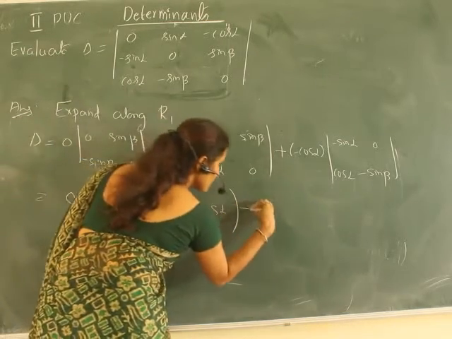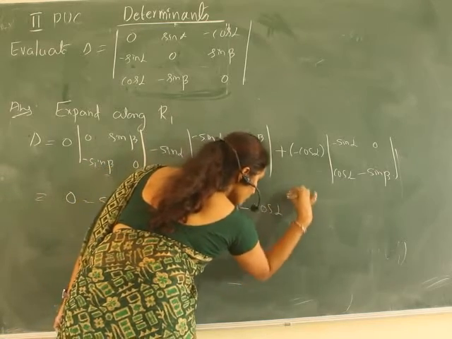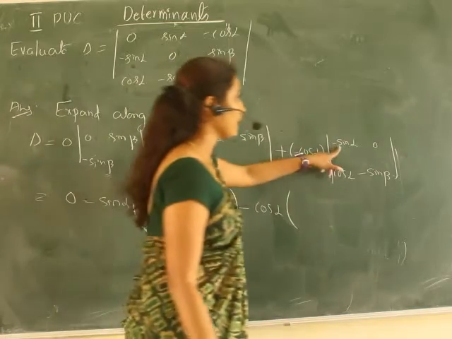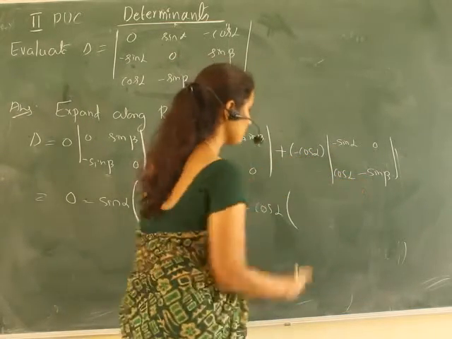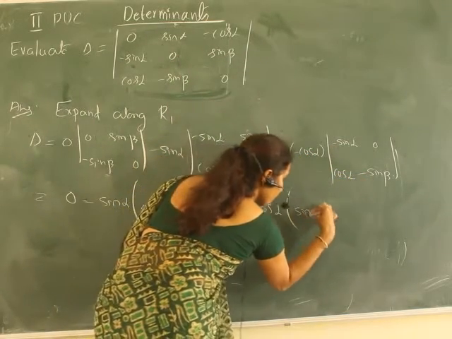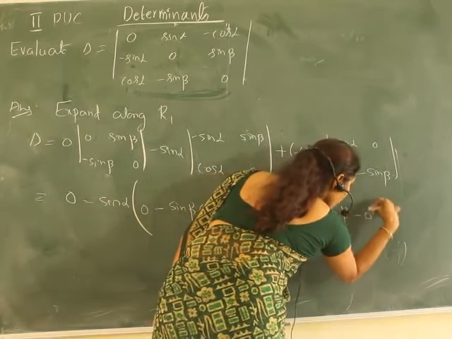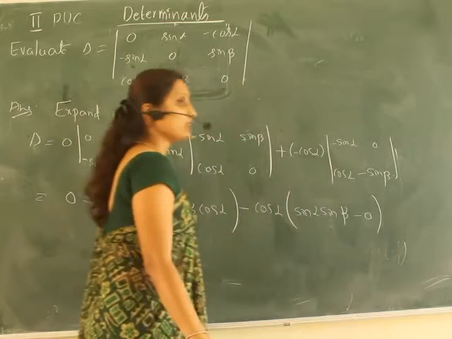Here minus cos alpha into minus sin alpha sin beta minus 0, because 0 into something is 0.